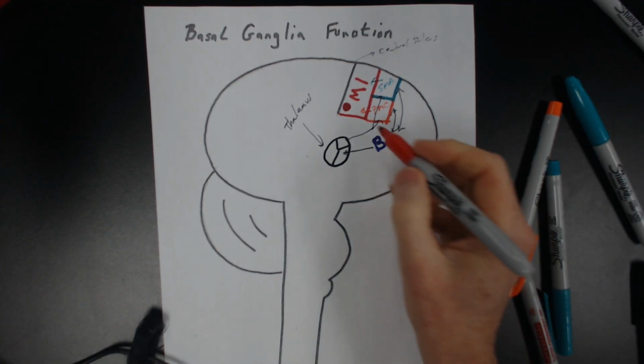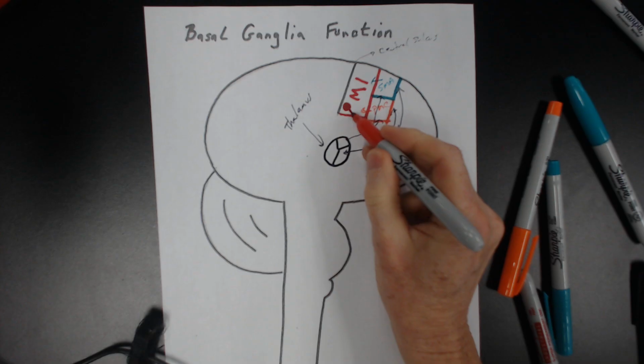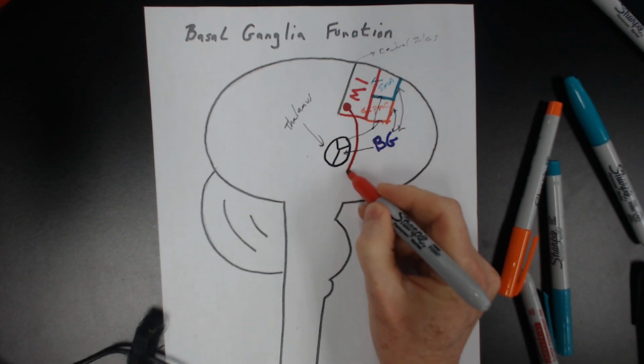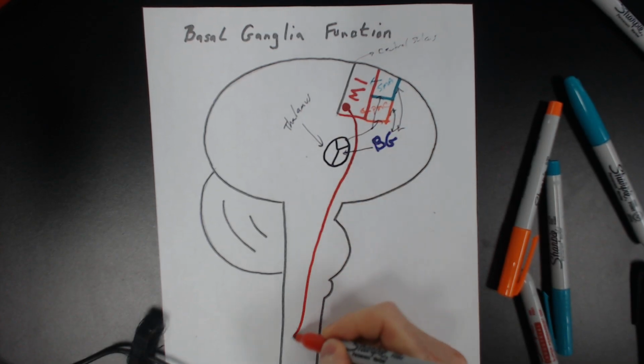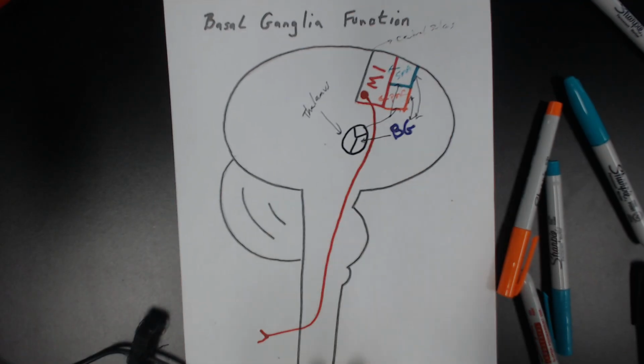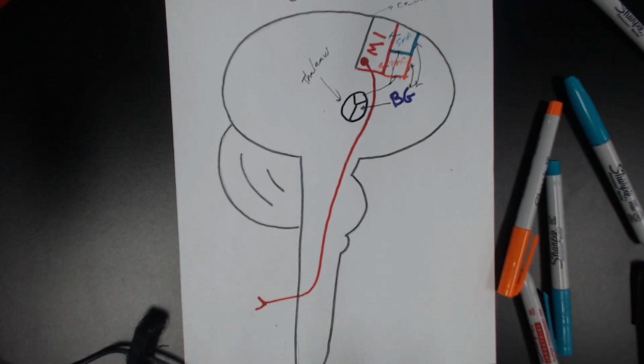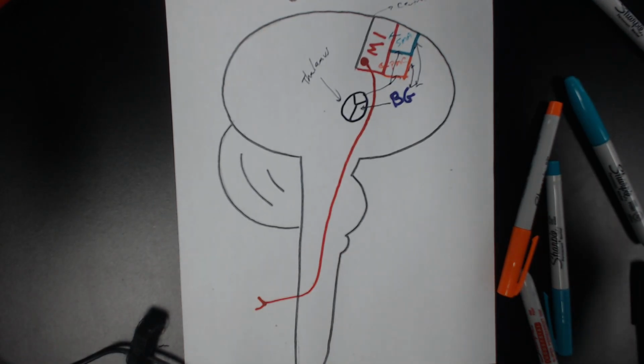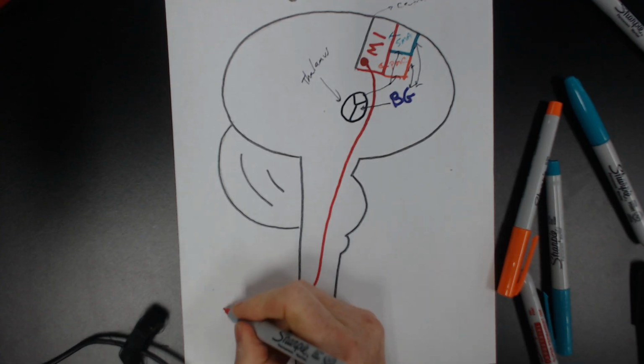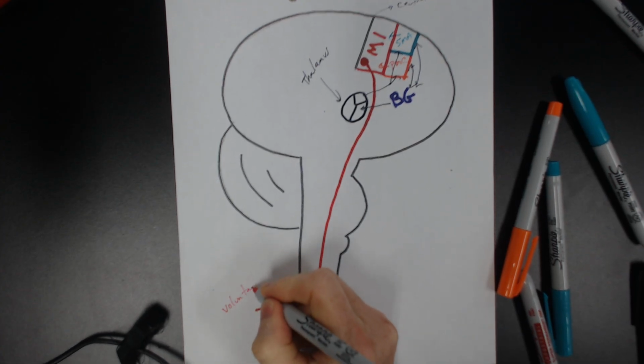If you remember, information coming down from M1, so this upper motor neuron sends out an axon, travels all the way down, crosses over, and is involved in activation of skeletal muscle, so voluntary movement.